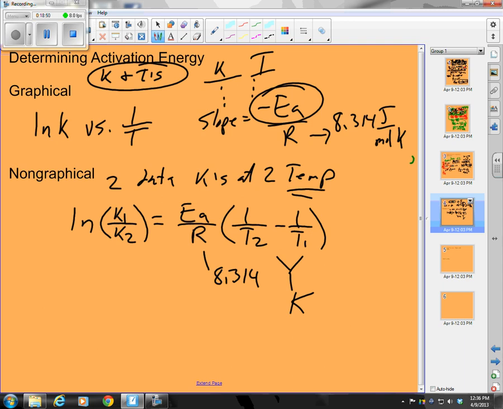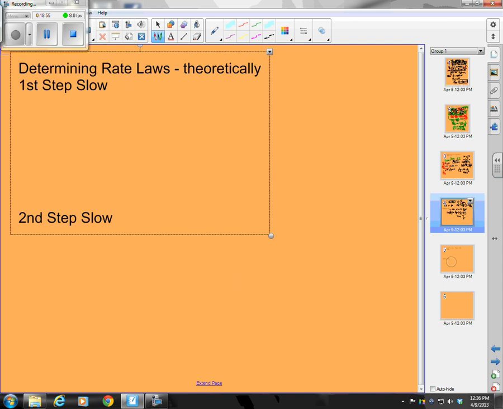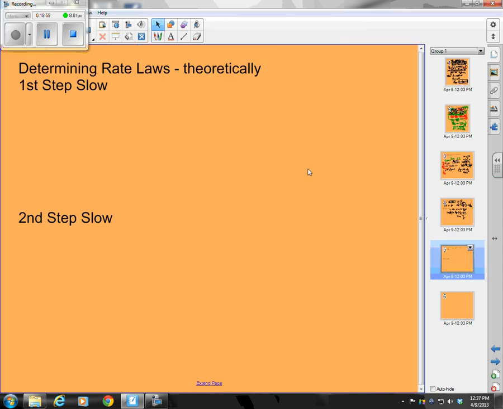So that kind of does it here. Very quickly, determining rate law theoretically. Remember I said there's two ways we can determine rate law, either experimentally or theoretically. And if you don't have any data, we're going to try to figure them out based upon molecularity.